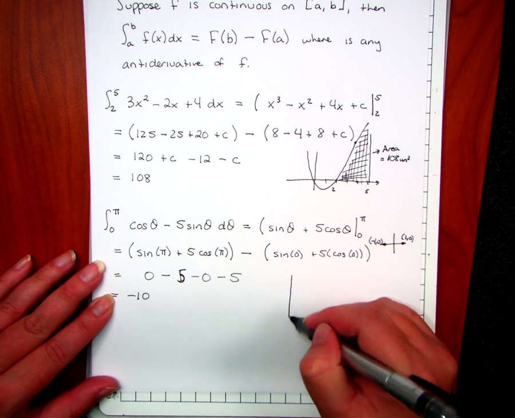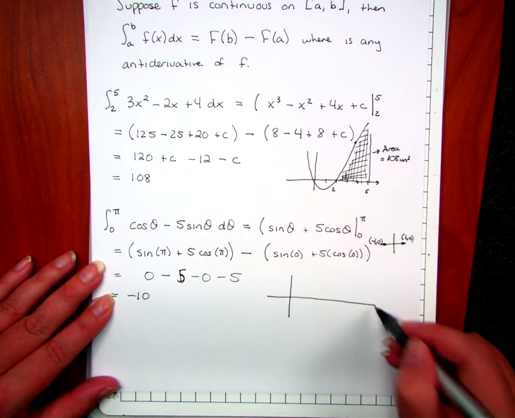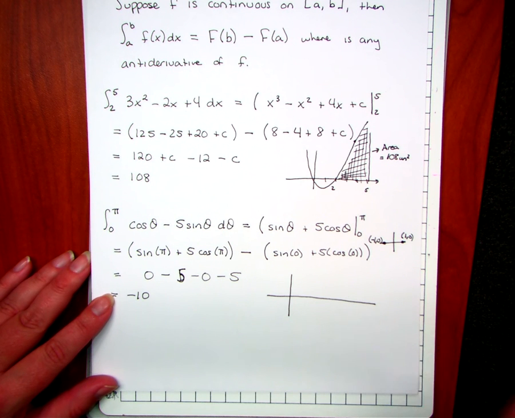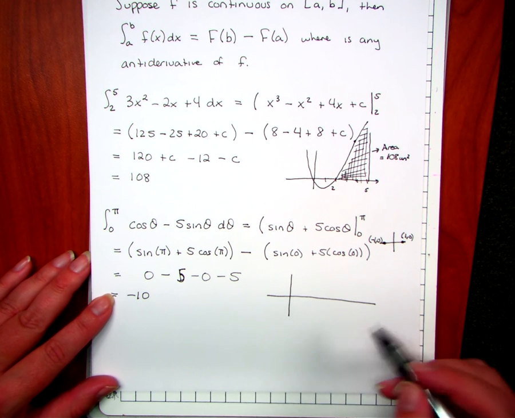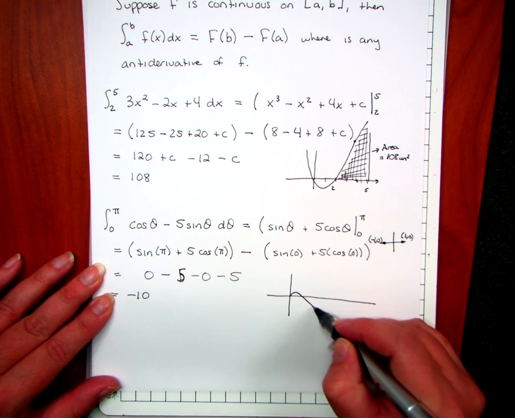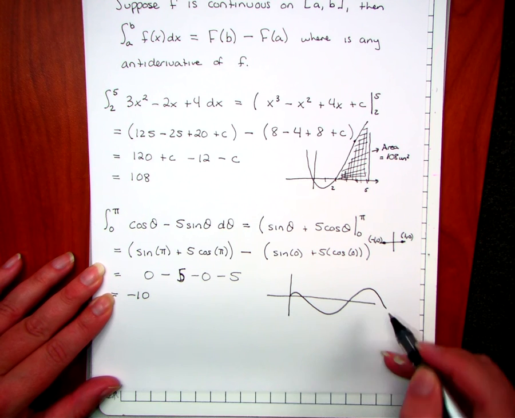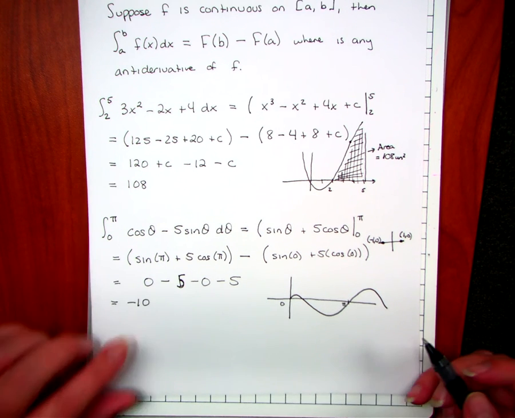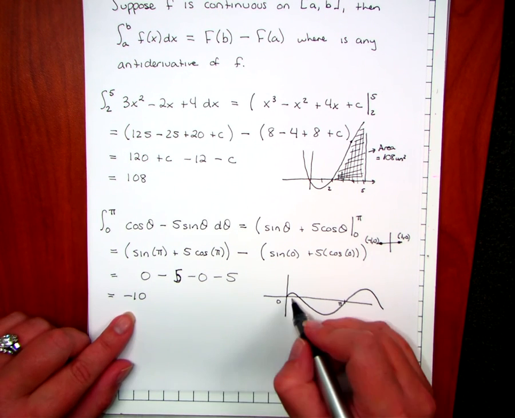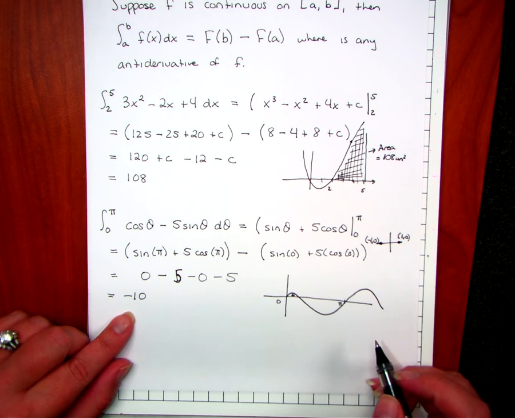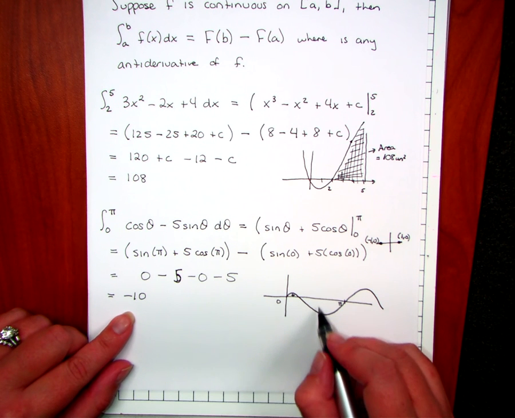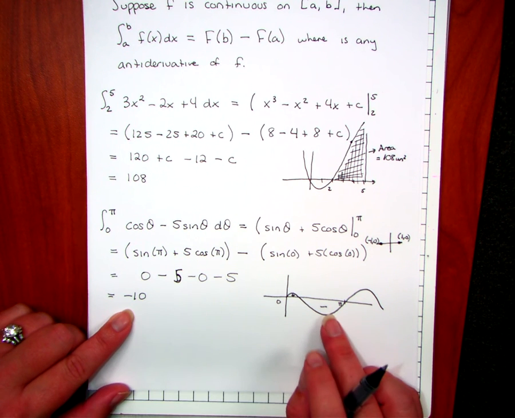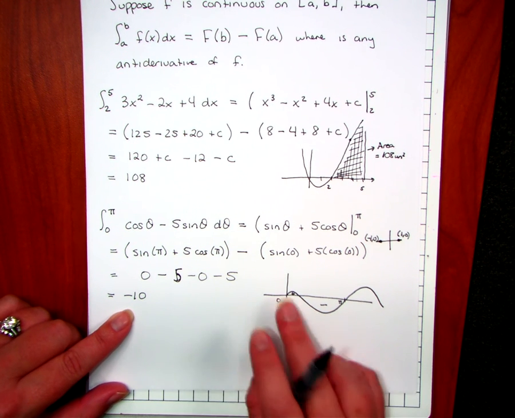Again, I didn't bring my calculator in here, but if I were to graph cosine minus 5 sine, it's kind of like a trig function. So I'm going to do something like this, and call this 0 and call this pi. What happens is that the area above the x-axis is counted as positive, and the area below the x-axis is counted as negative. So when your integral is negative, that means there's more area below the x-axis than above.